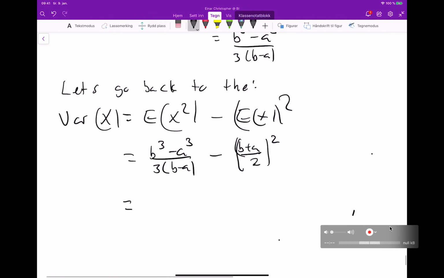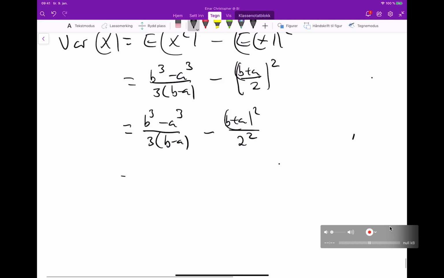And then we have to do some calculation and manipulation here. So we get b in third minus a in third divided on 3 times b minus a, minus b plus a in the power of 2 divided on 2 in the power of 2, which gives b in third minus a in third. And we have to, okay, let's do it slowly.